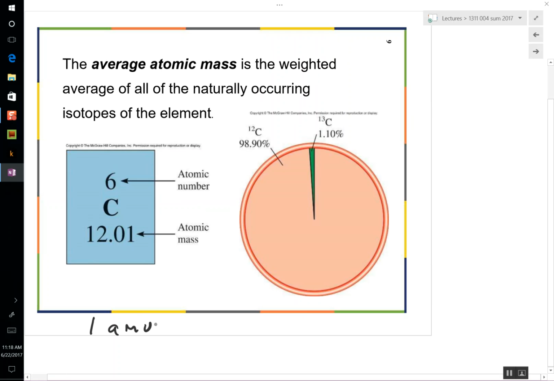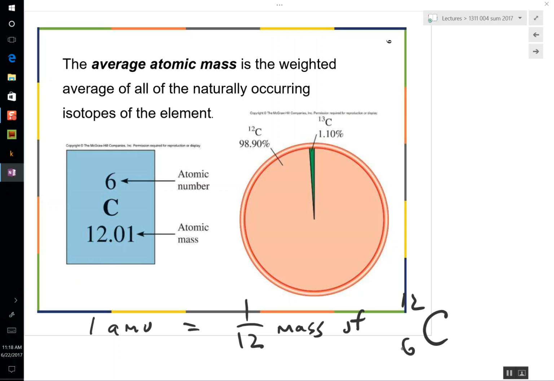An atomic mass unit is defined as 1/12 of the mass of a carbon 12 atom. So you take a carbon 12 atom, that isotope of carbon, and so the atomic mass unit is defined around carbon 12.